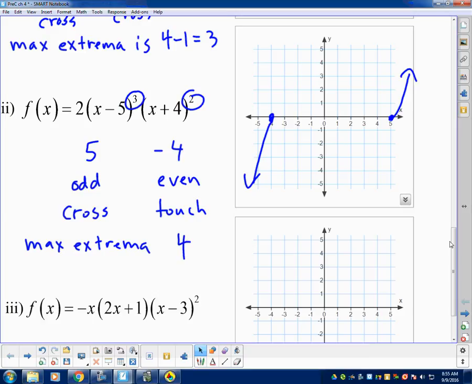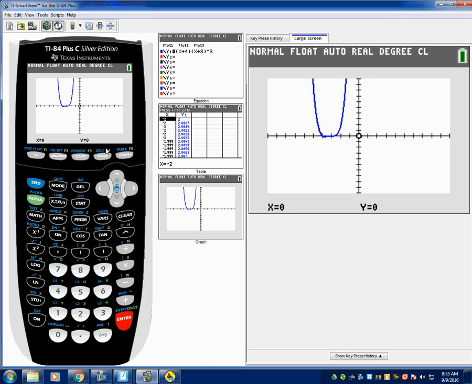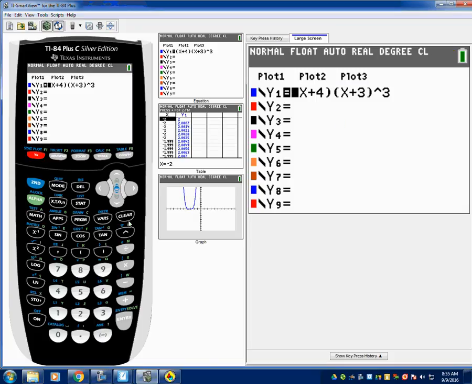So if we graph it, some of you already graphed it on your graphing calculator. 2 times x minus 5 cubed, x plus 4 squared. I mean, our only other option would be to do some calculus or do some plotting of points. But let's see what it looks like here. Right, it was 2.